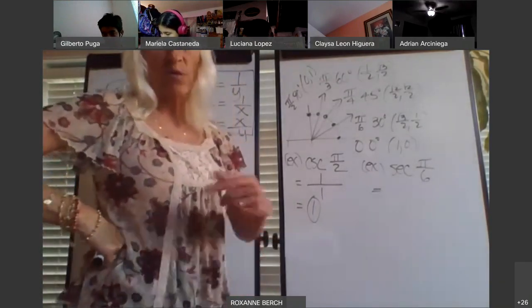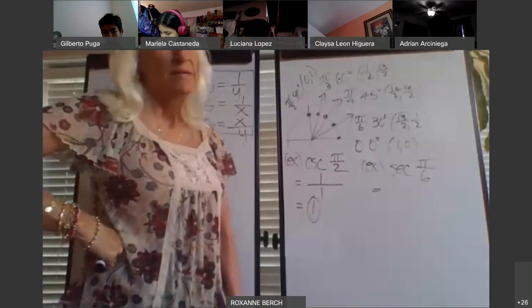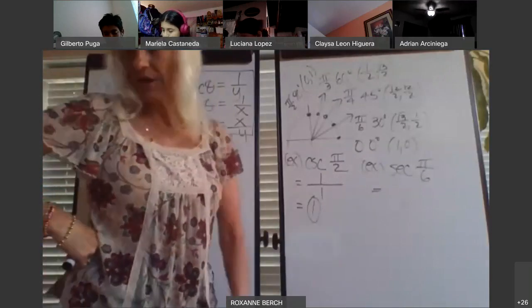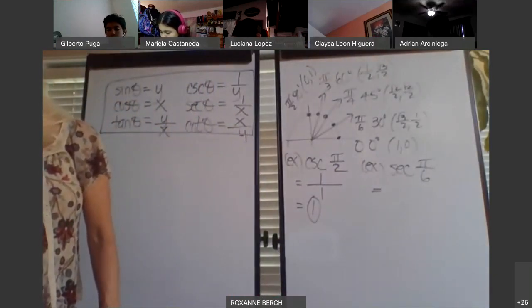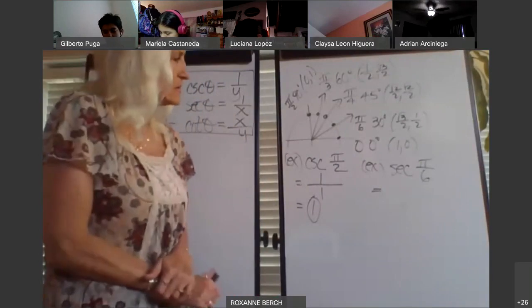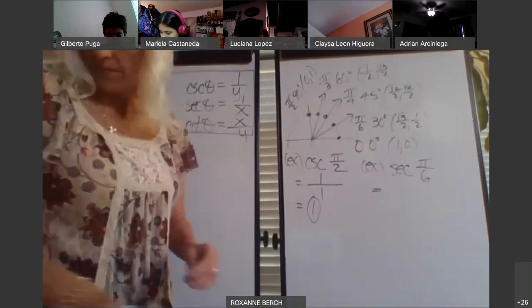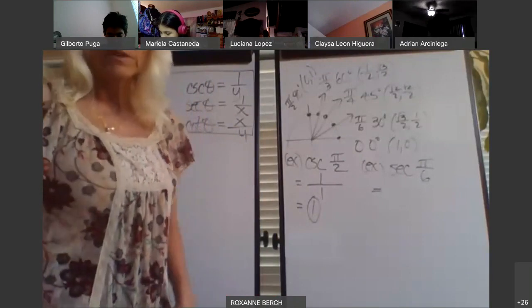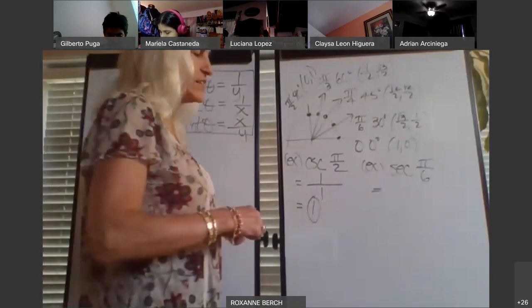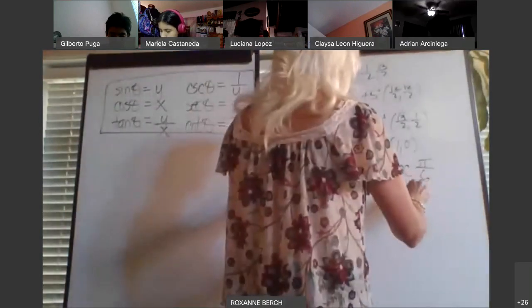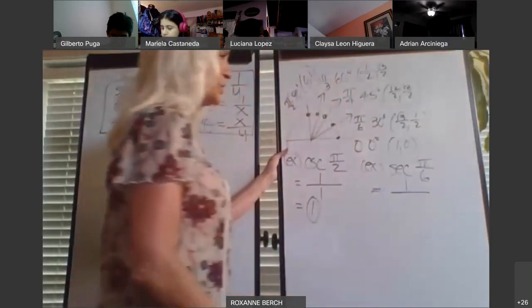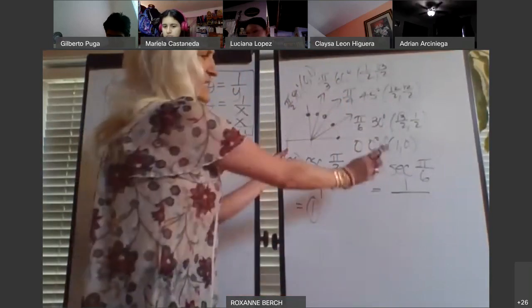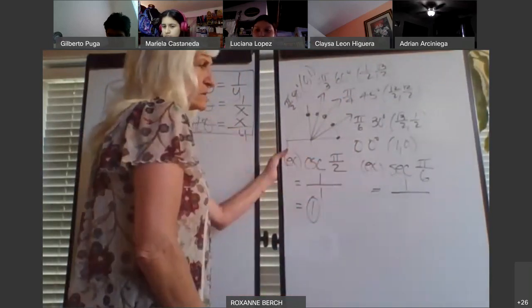So this time I'll see who got it right. This is a few steps, right? This isn't something you're going to do like in one step. Okay, so let's hear the first step. How did you write the reciprocal? 1 divided by 1 over 2. Are you sure? Because isn't secant's reciprocal sine?